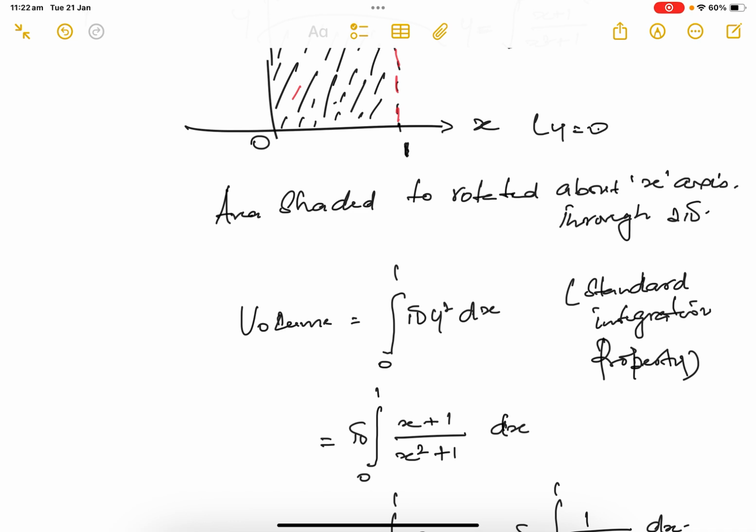This type of question is a standard form. The volume is, as the students should know, the integral of π y squared dx, and the limits are given, 0 to 1. So it is a simple standard form.